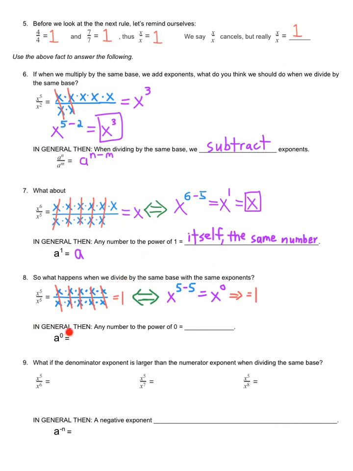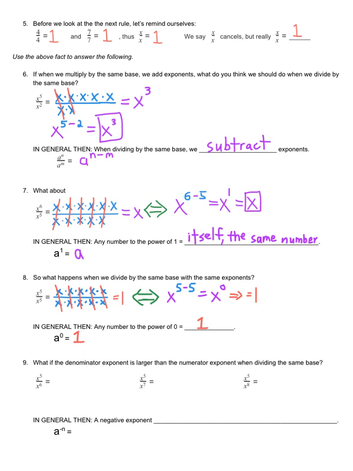This is the reason why we say then in general, any number to the power of 0 is 1. So a to the power of 0 is 1. This implies any number to the power of 0 is 1, which is essentially true except for one special case, and we'll talk about that coming up in a little bit.